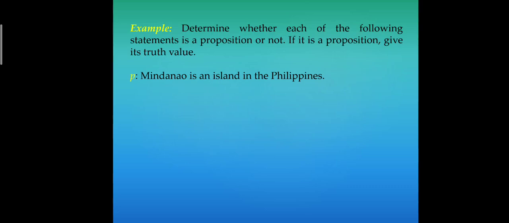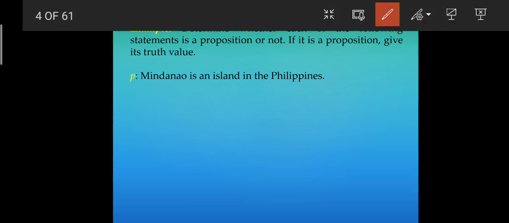So in this case, Mindanao is an island in the Philippines is a fact, right? So therefore, it is a declarative sentence. So it is a proposition. So let's denote this one as P. So number one, this is P, a proposition.